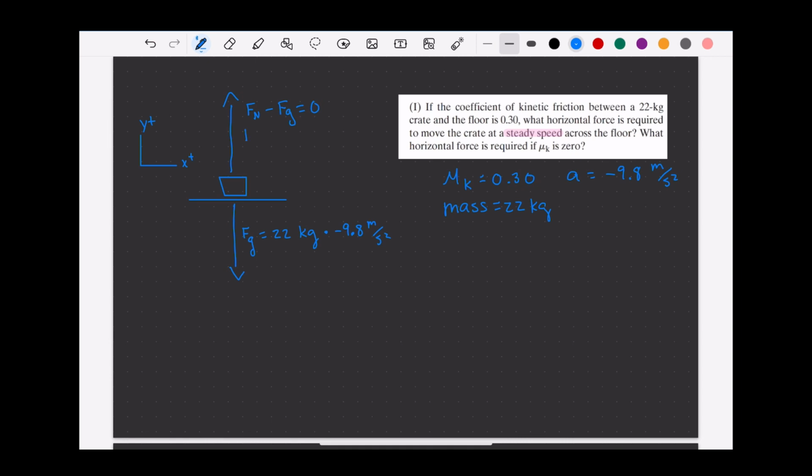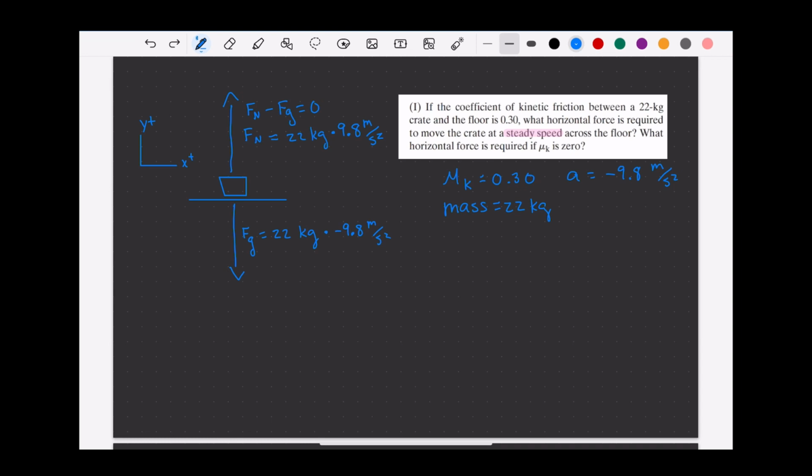Then F sub n must be equal to the opposite of my gravity: 22 kg times 9.8 meters per second squared. You'll notice I dropped the negative sign, so I can show that the direction of my normal force is opposite the direction of my gravity.